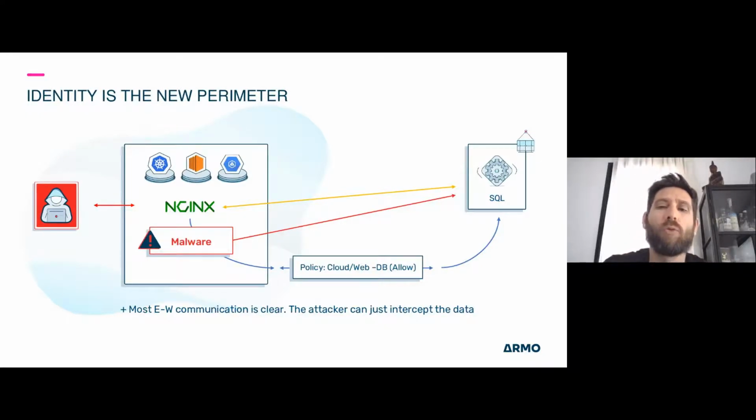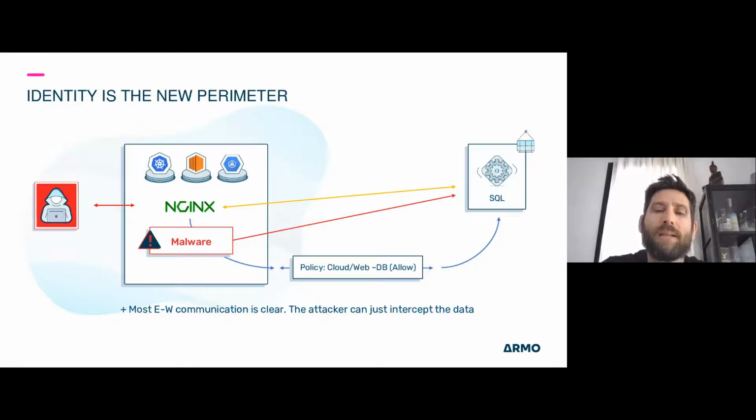Other than that, there are two general problems in Kubernetes, and I'm going to describe them. The first one is that when you created the policy saying that your web tier can talk to your DB, you really wanted to say that your Nginx process can talk to your SQL process.